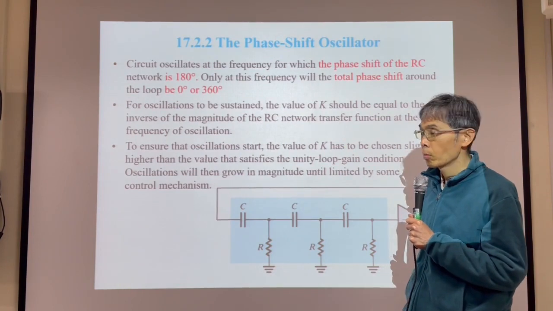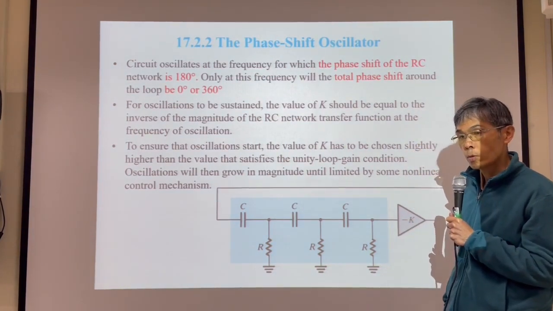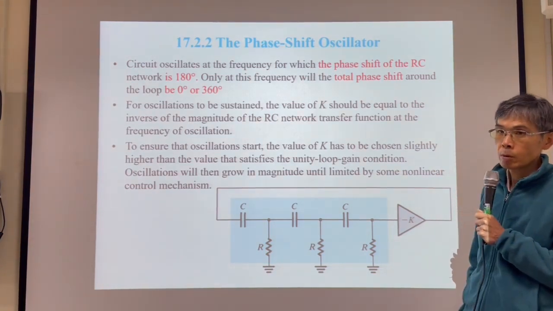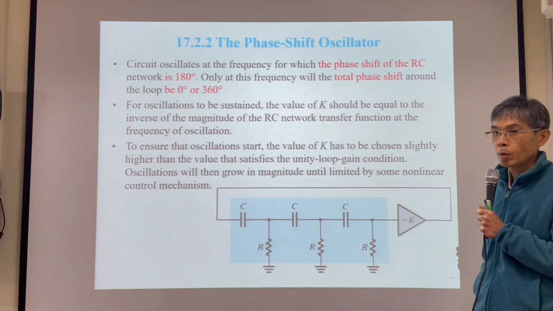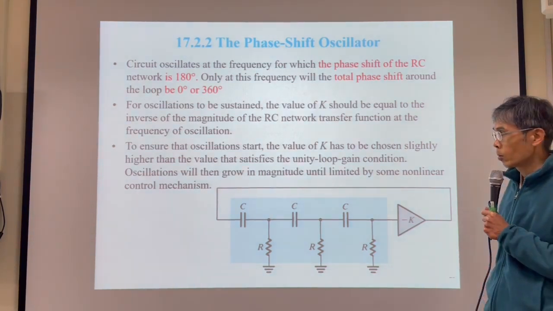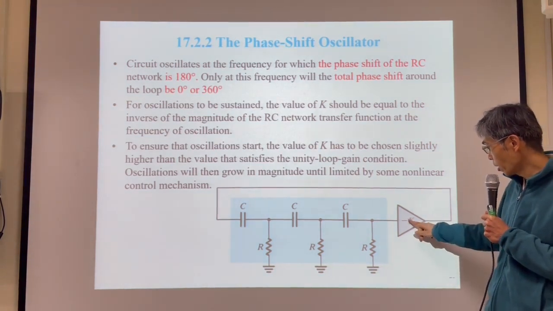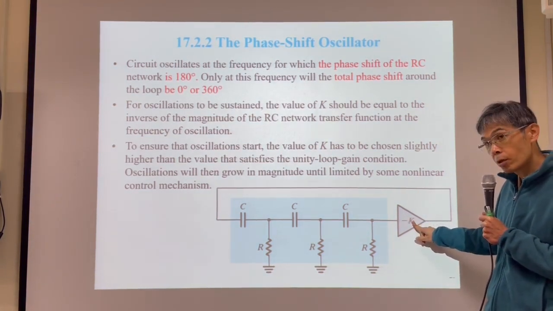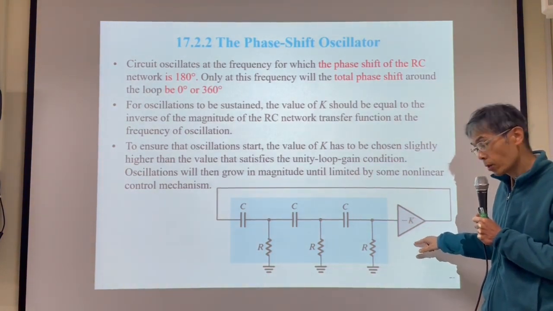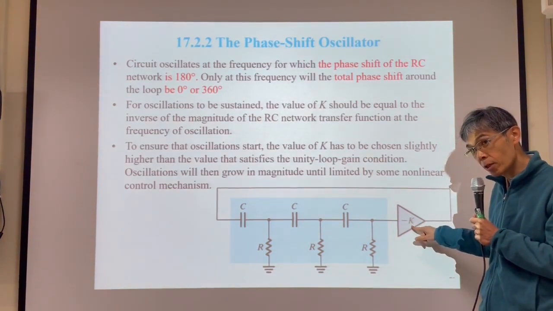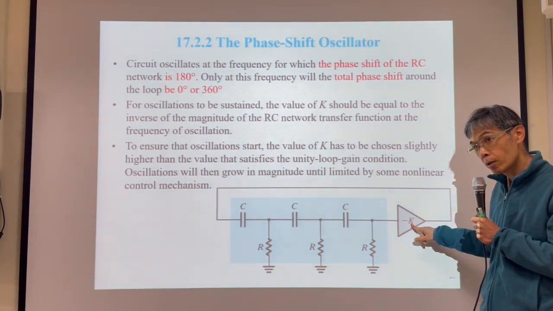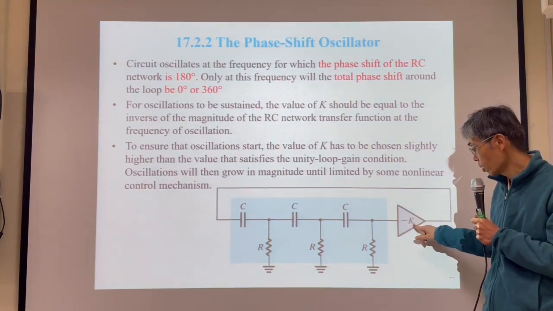Ami, could you explain? English, please. The oscillator needs to work at 0 or 360. So the K is 180. You mean K? K is positive.